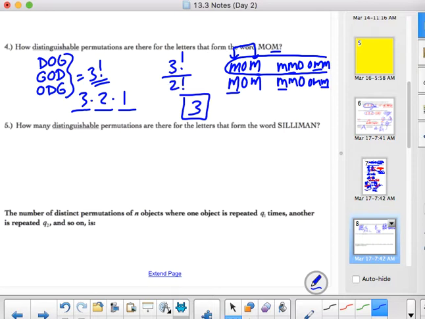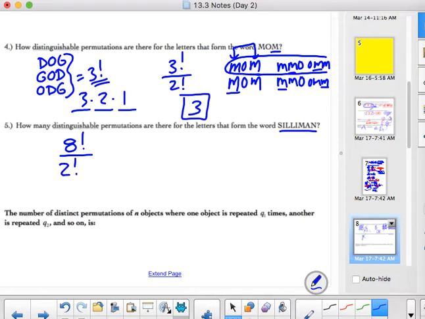Okay, so that also extends to questions like number 5. If you take the letters of my last name, which there are 8, distinguishable permutations. Again, distinguishable just means that they're unique. They're not repeats. And since there are repeated letters in my last name, I'm going to have to divide those out.